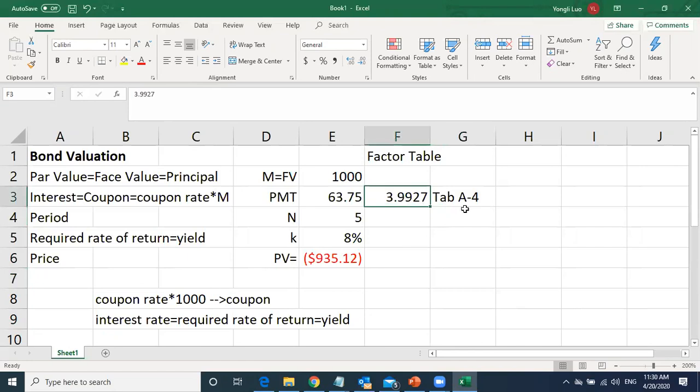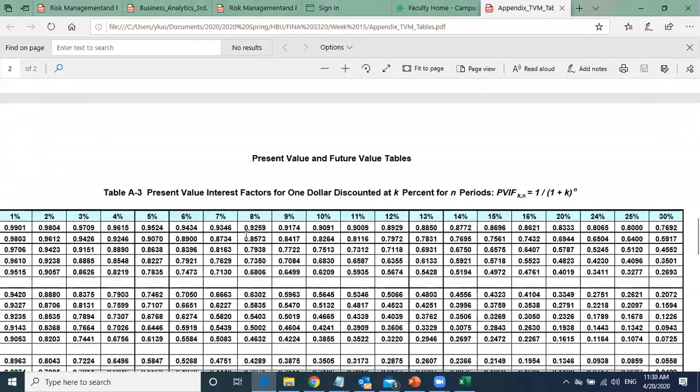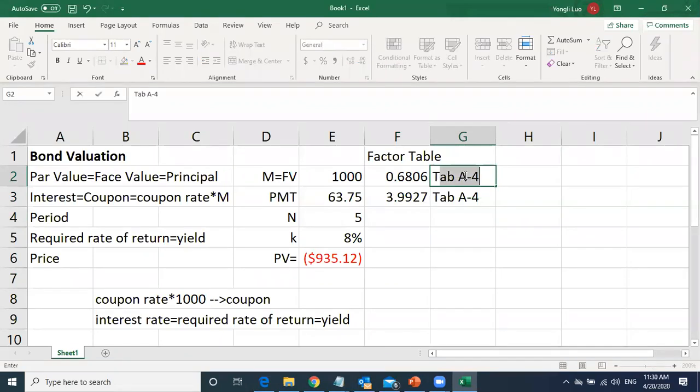And we got this one from table A4, and we got this one from table A3, 8%, 5 years, 0.6806. So you have A3 and A4, so there are two.